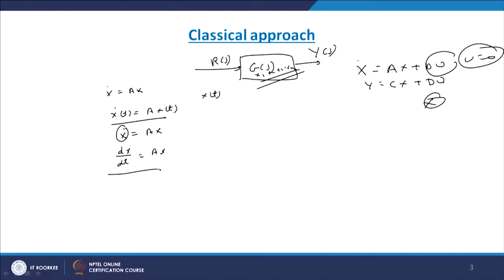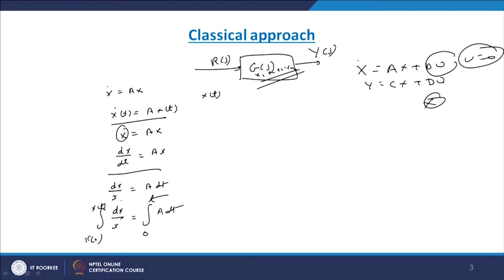Now we have to solve this. So how do we solve it? We can write dx by x equals A into dt. Now we integrate these equations, with limits for t from 0 to t, and for x from x0 to x of t.